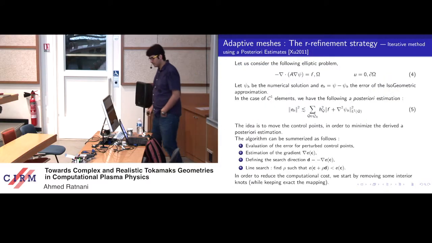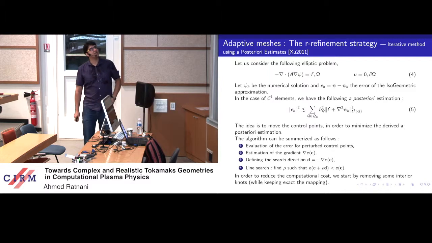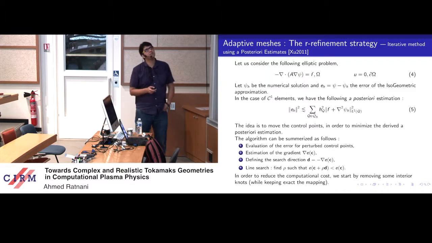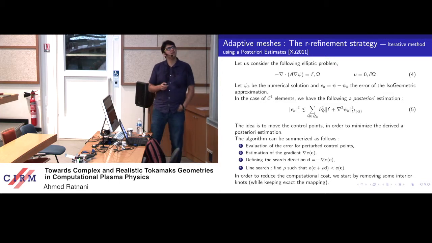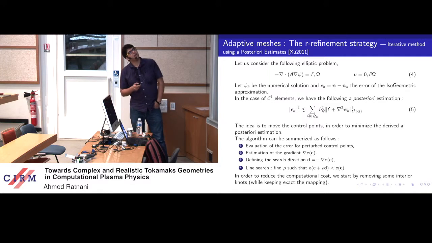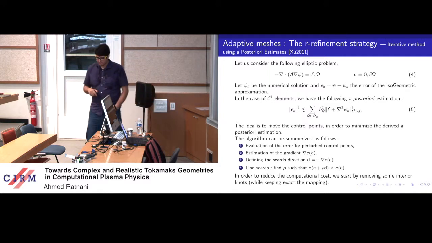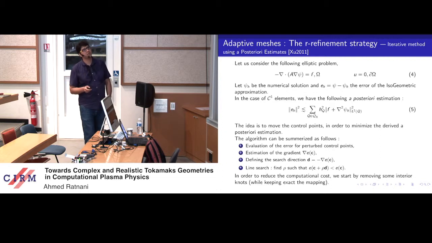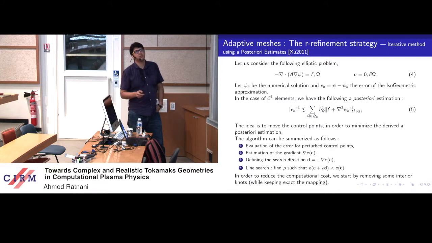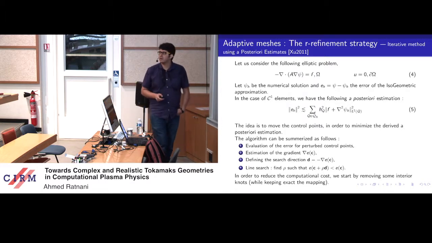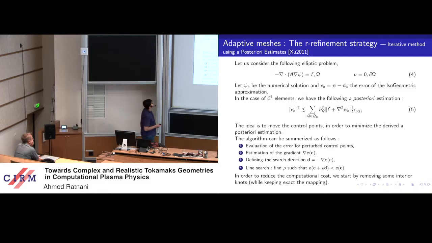Okay, so let's start with a very basic example on an elliptic problem. This work has been done by Bernard Mourrain and Q. And so they start by deriving the a posteriori estimates, and you have this inequality here. So by knowing the numerical solution, you have access to the error that you are making on your analytical solution.